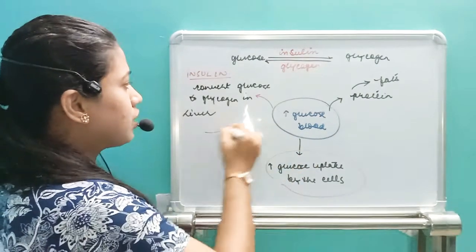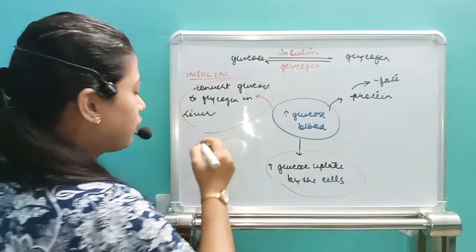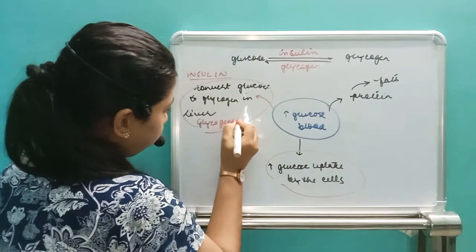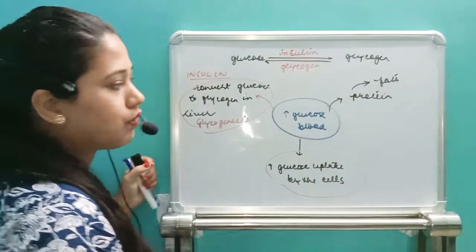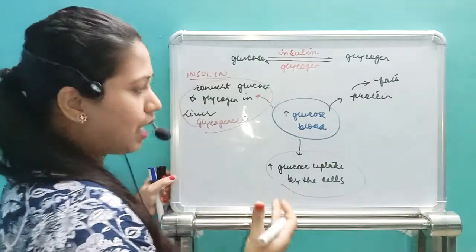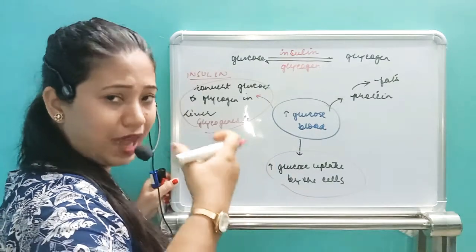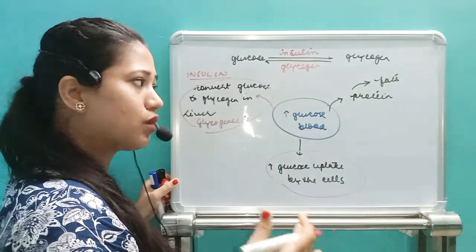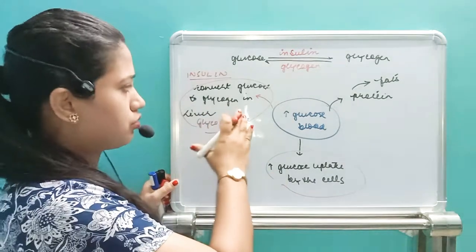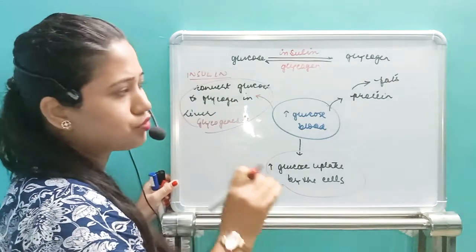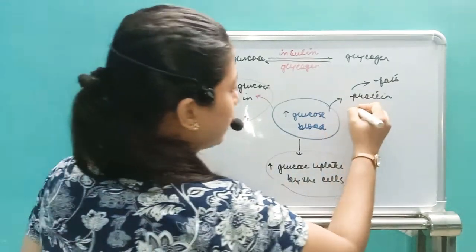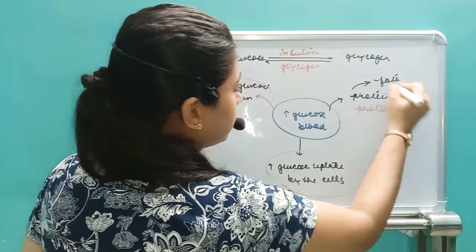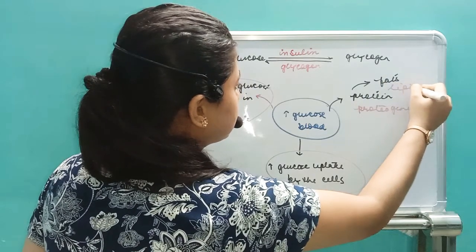Next, it will convert glucose to glycogen in the liver by a process called glycogenesis. Next, if the blood glucose level is high, it will convert this glucose into carbohydrate, glycogen, which we have already seen, and also into protein and fat. So it will help in proteogenesis, then it will help in lipogenesis.